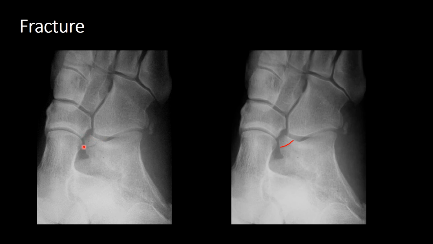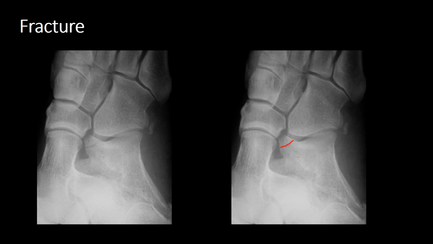This is the anterior process of the calcaneum, and it's the site of the bifurcate ligament insertion. And what happens is that you get an avulsion fracture through here. In this particular case, this is an undisplaced fracture. We can see that the cortex is completely in alignment, so you just have that sharp lucent line indicating that you've got a fracture, but it's undisplaced.